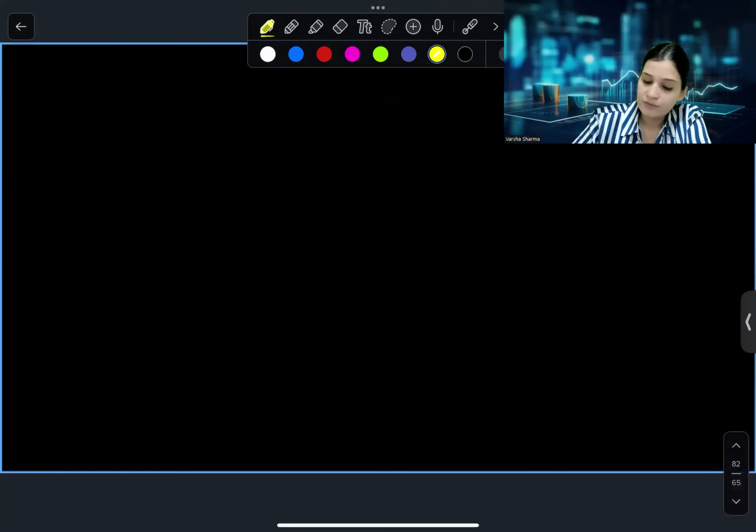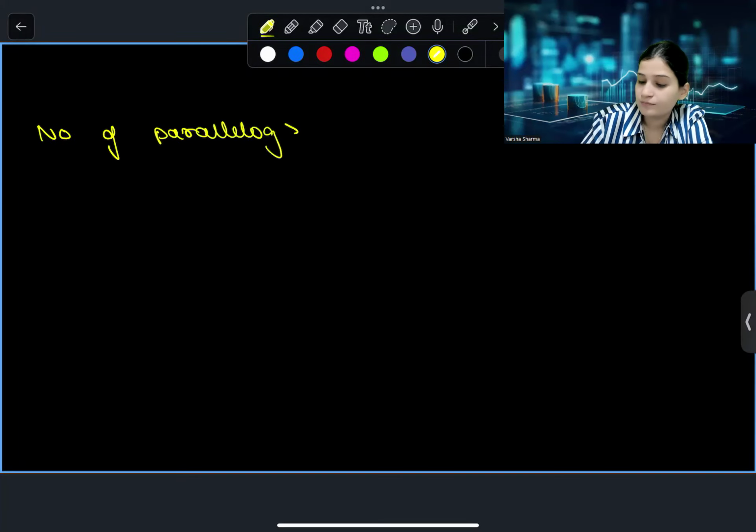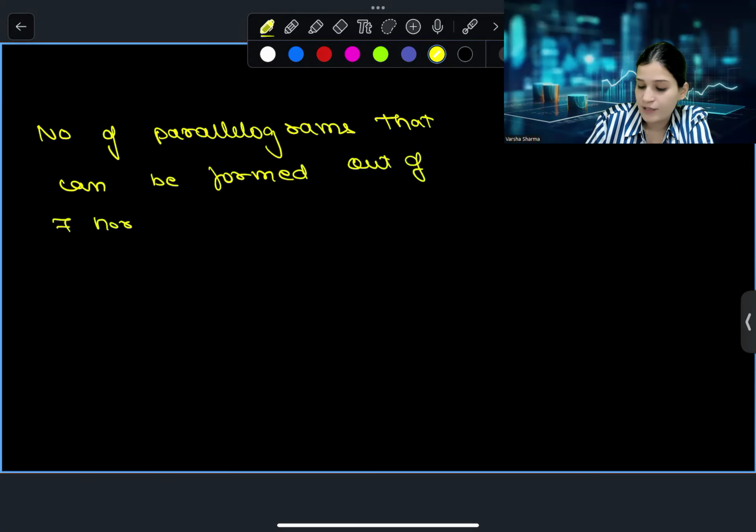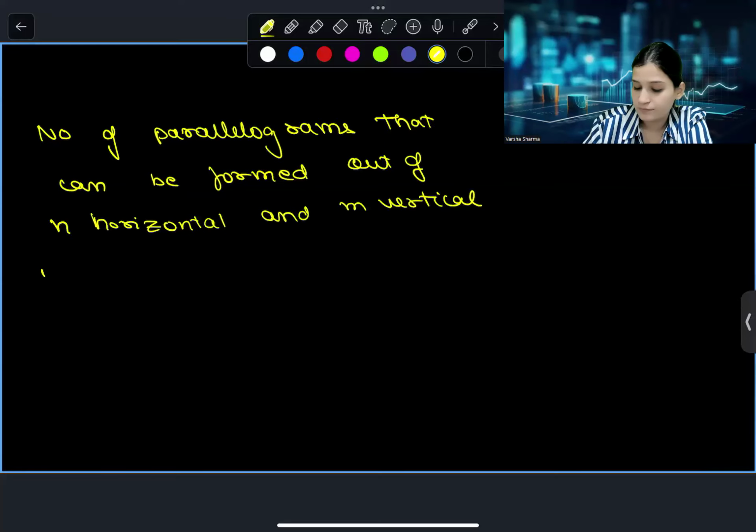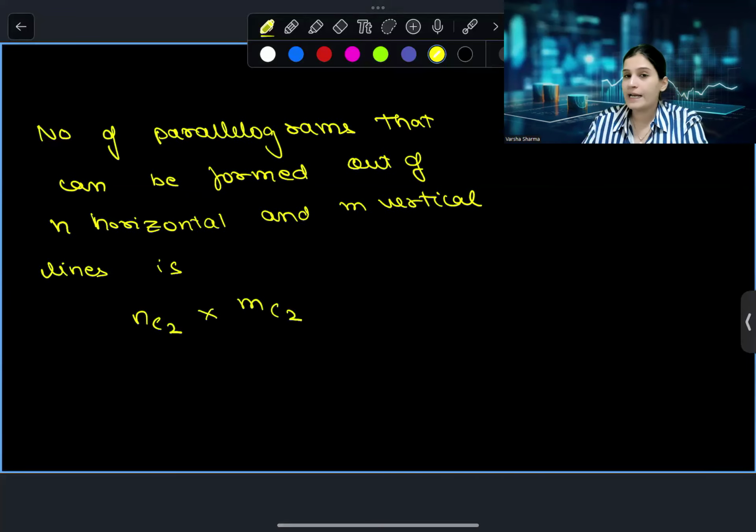And last, I forgot the formula. Forgot to give you the formula. Number of parallelograms that can be formed out of say n horizontal and m vertical lines: horizontal C2 multiplied by vertical C2.